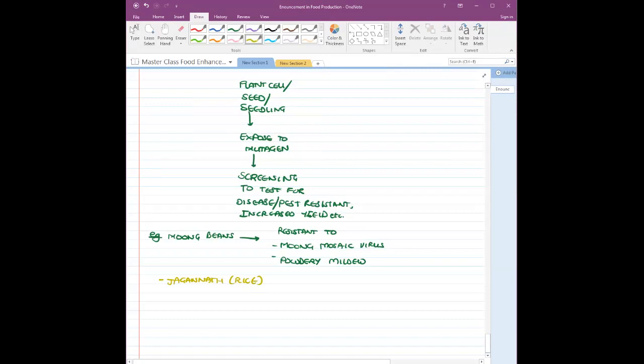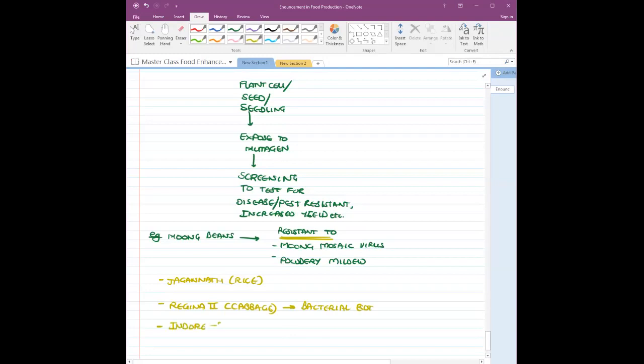Then we are going to have a Regina 2 variety of cabbage. Regina 2, this is of cabbage. Guys, this Regina 2 is resistant to bacterial rot. Then after that, we are going to have Indore 2.